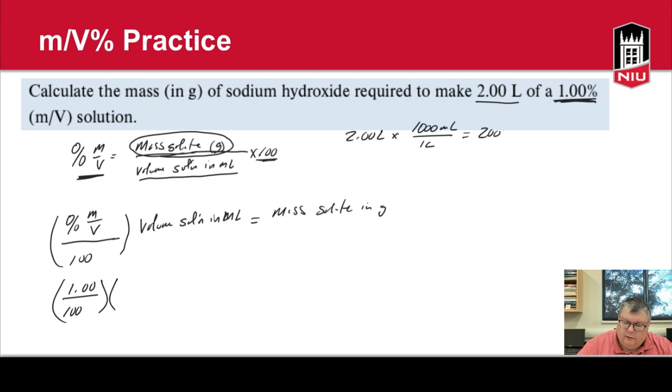That means this is 2,000 milliliters. Gives us 20.0 grams of NaOH required.